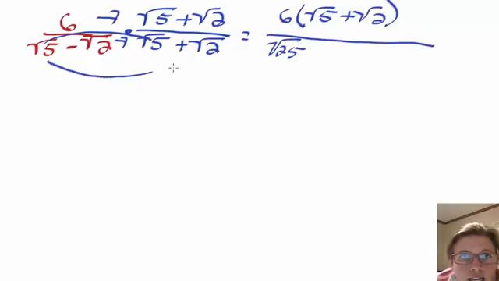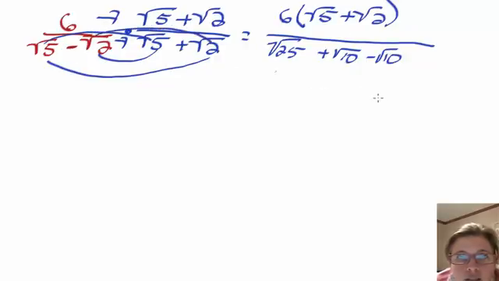The outside becomes plus the square root of 10. The inside is minus the square root of 10, so those are going to cancel. And then minus the square root of 4, which is what we want, because we want all that to cancel so we don't have square roots.